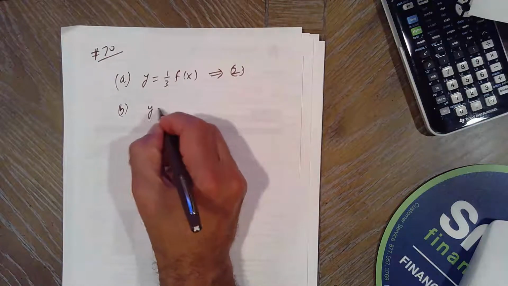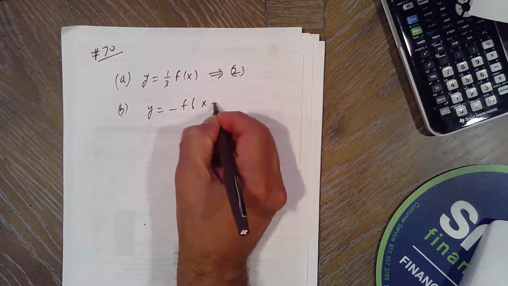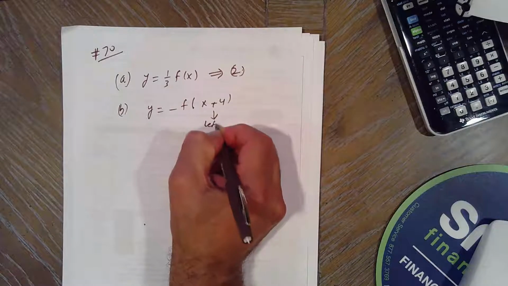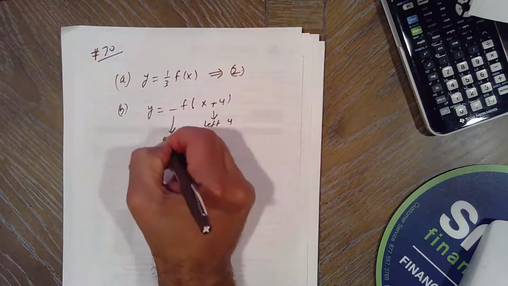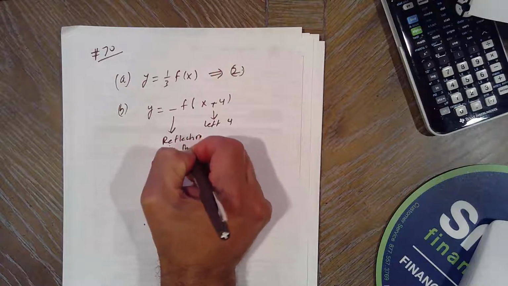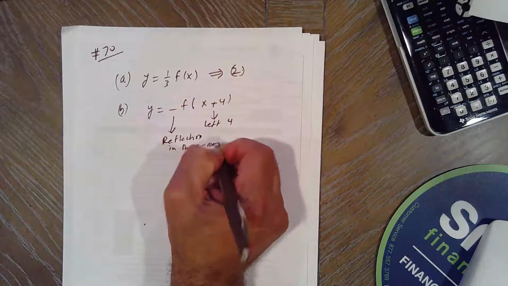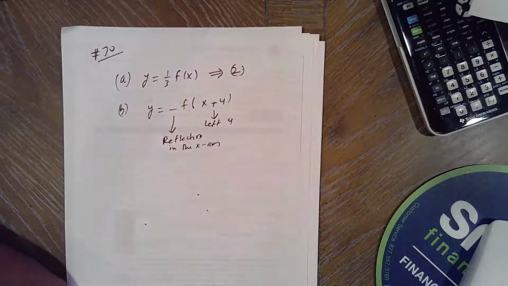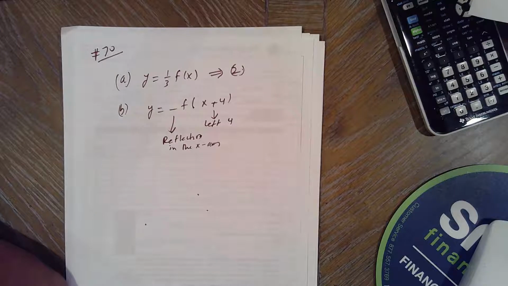B is negative f of x plus 4. So it's moved left 4. And then reflection in the x-axis. So if you look at the blue graph, shifted 4 to the left, and then reflected in the x-axis.